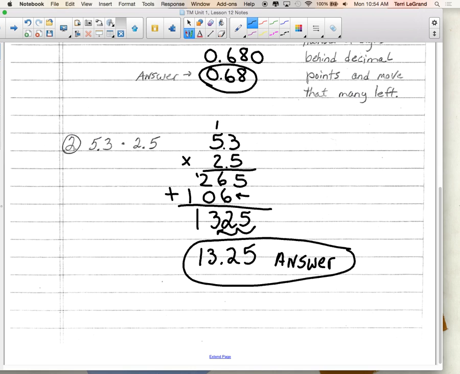That equals 15. How do you feel about 15 compared to our answer 13? It's not going to be right on it, but is it in the same territory? Yeah. What if we put our decimal point in the wrong place and we had 132.5? Would 15 compare to 132 very well?